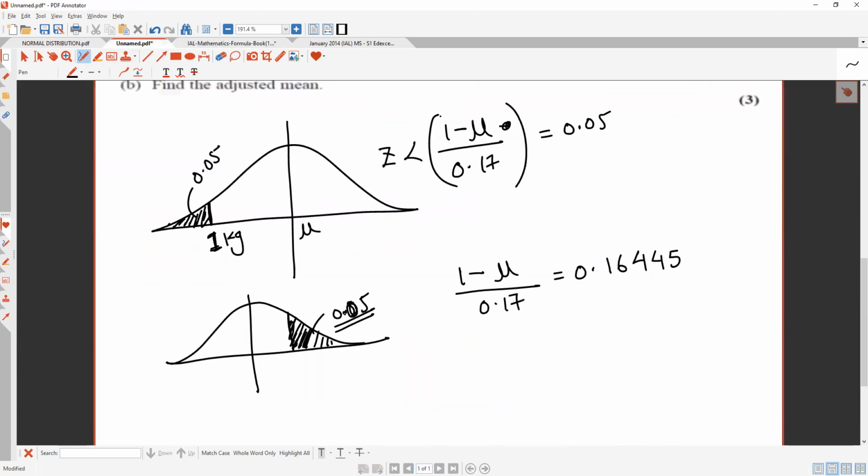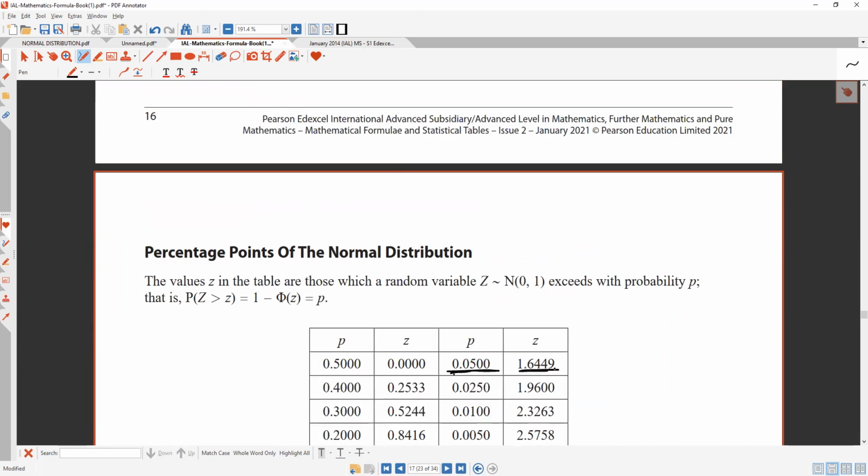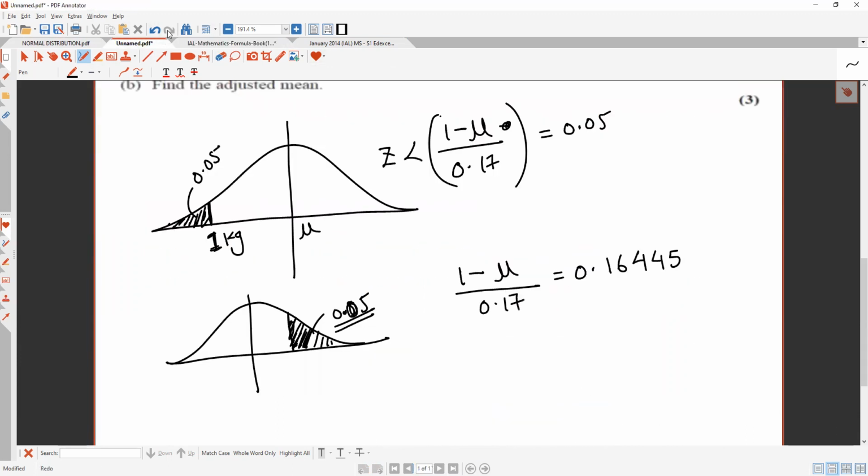Can you see my graph here is also greater than, the probability is greater than over here. The value I'm getting is 1.6449, but it has to be negative. Why? Because this value here is on the left hand side, so your value should be negative. Now all of you find the mu for me. Do it on your own.